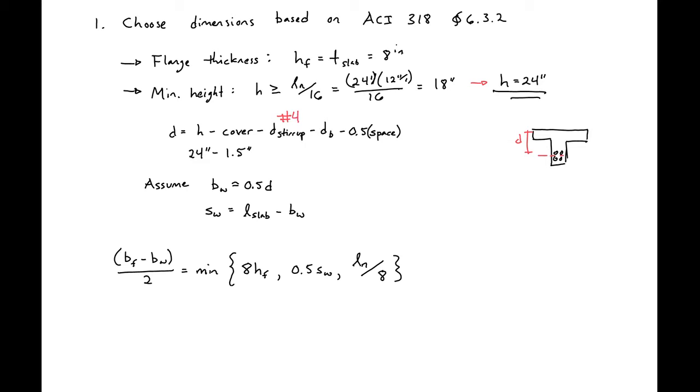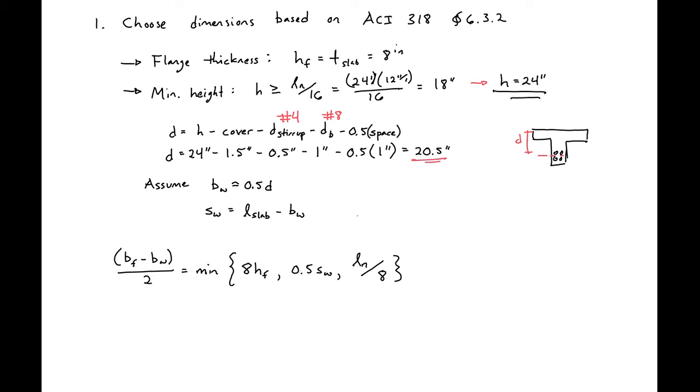We'll need to come back and check that assumption when we do our shear design. So number 4 stirrups have a diameter of 0.5 inches. And we're going to assume number 8 bars for our longitudinal steel. So we'll need to come back and check that after we design for our longitudinal steel. And our spacing is 1 inch or our bar diameter. So we'll have 1 inch there. So then we'll have our d equal to 20.5 inches.